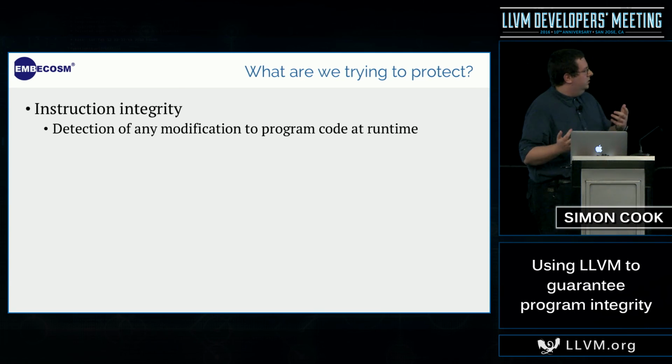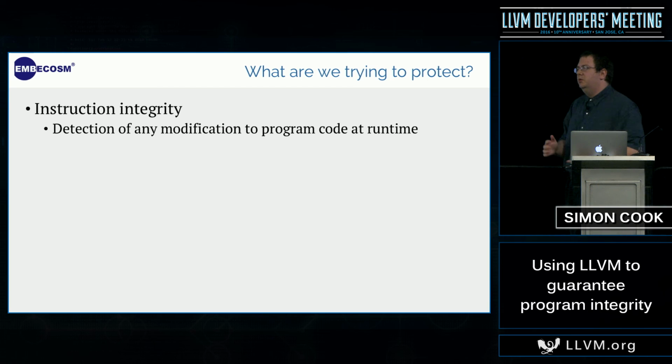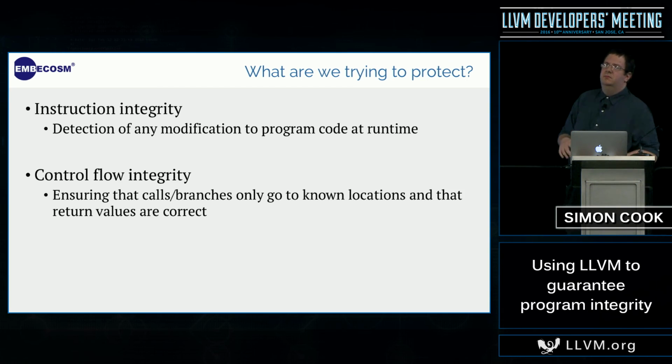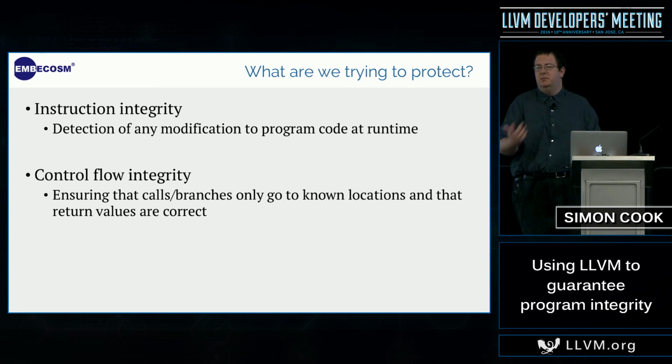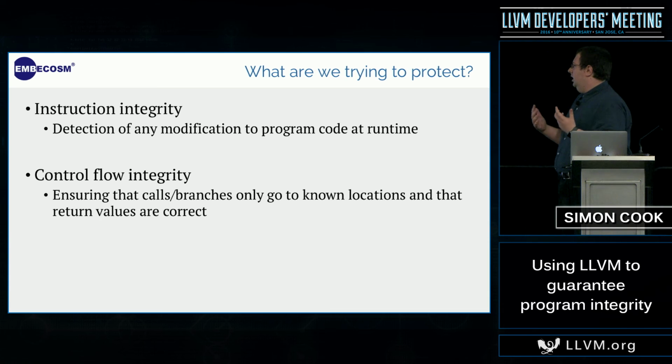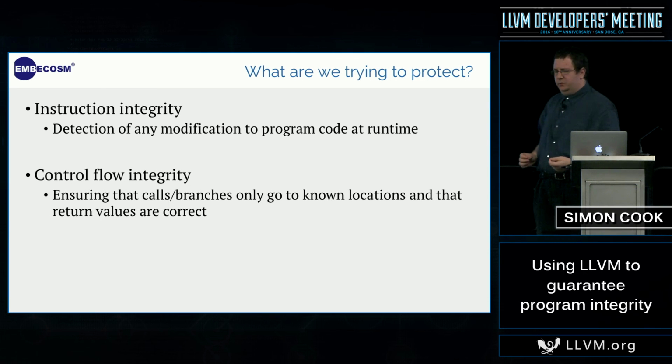You also want to make sure that calls and branches only go to known places. This is, I guess, in some regards, trying to avoid things like return-oriented programming. And yeah, making sure that while a call can generally go to any address in memory, you want to make sure that this call instruction will only ever go to the one or two places in code that you would expect.